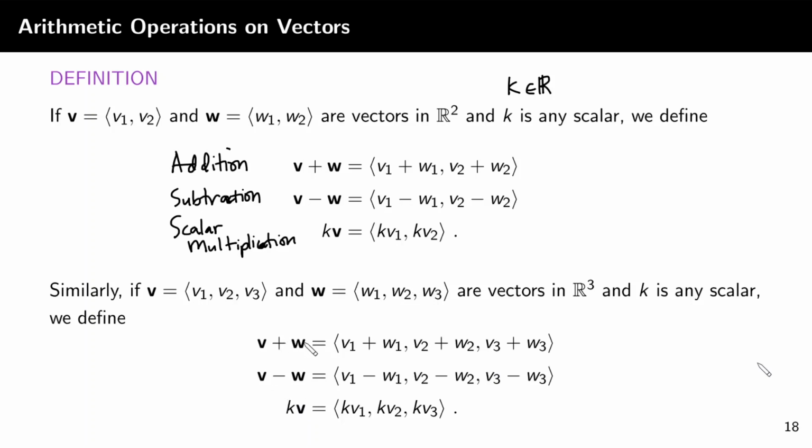So, V plus W will have components V1 plus W1, V2 plus W2, V3 plus W3, V minus W will have components V1 minus W1, V2 minus W2, V3 minus W3, and KV will have components KV1, KV2, and KV3.